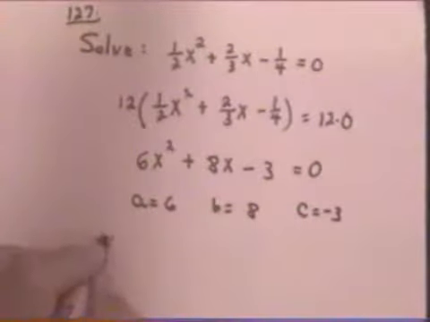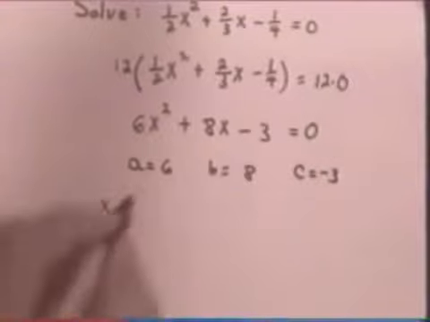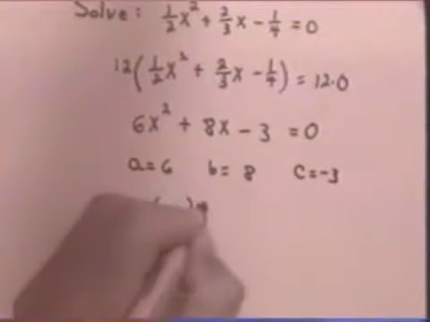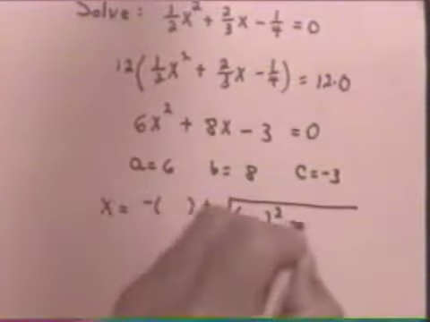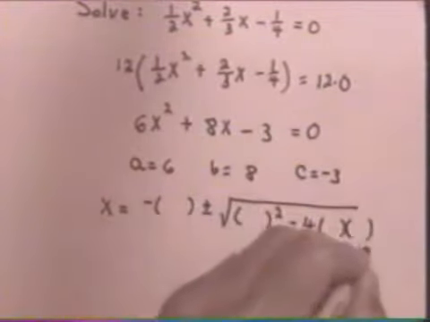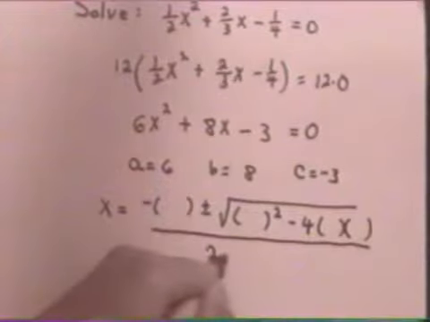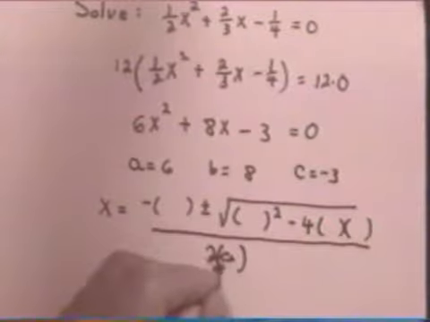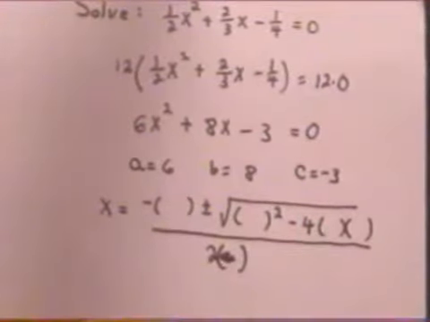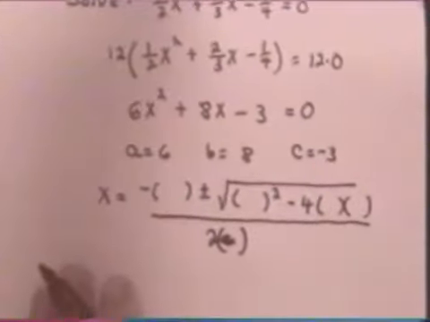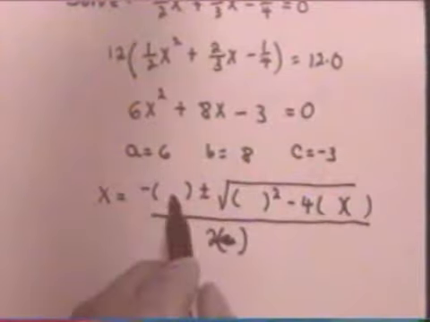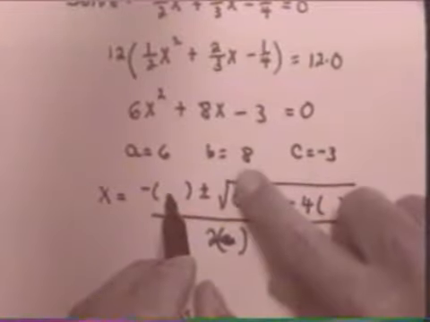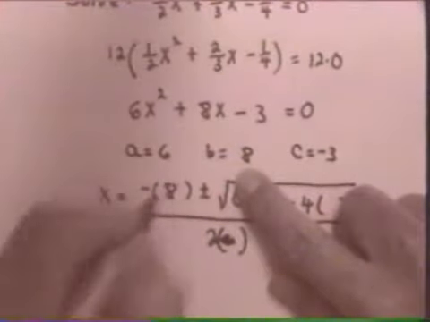Now I'm going to substitute in the formula, and I'm not going to write the formula this time, I'm just going to write it leaving the placeholders. I don't want to put the 2a in there, so that's just an empty space. Now what we want to do is to go through and put in the values. Now this calls for the opposite of b. b is 8, so here goes the 8.